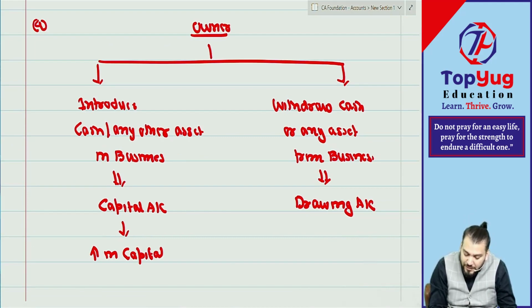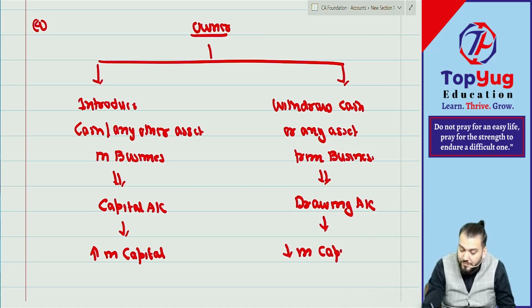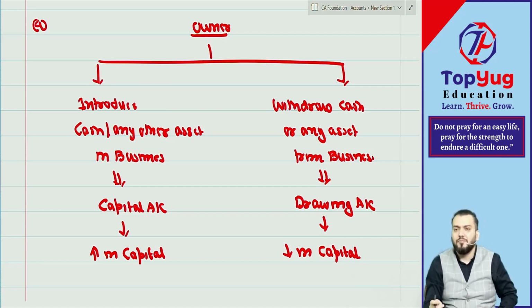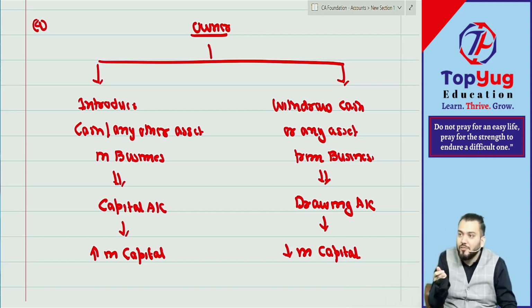When I say drawing account, it is decreasing capital. But for withdrawal, we always use the drawing account. These are special terms given, therefore we need to use them only. We will not use the capital account for withdrawal.